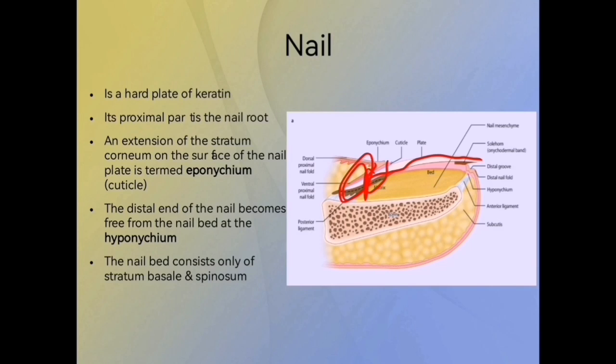And on the distal end of the nail plate, where it becomes free of the nail bed, we have what you call the hyponychium, at this region here. That's where we have our hyponychium.